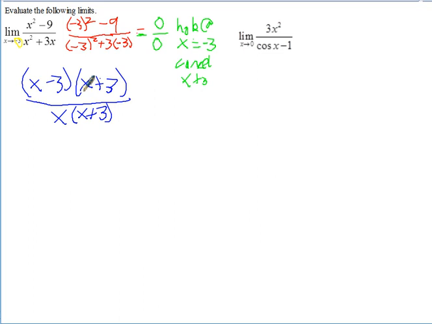And then you can remove the hole. These are called removable discontinuities. As soon as you do that, then you can plug negative 3 back in. So what's left? Negative 3 minus 3 over, there's an x there, so negative 3 gives you negative 6 divided by negative 3 is 2.